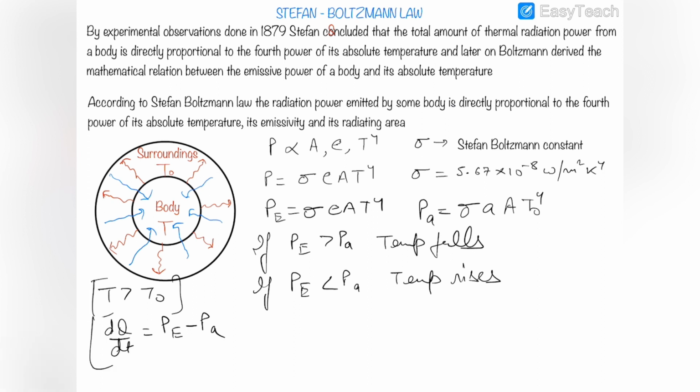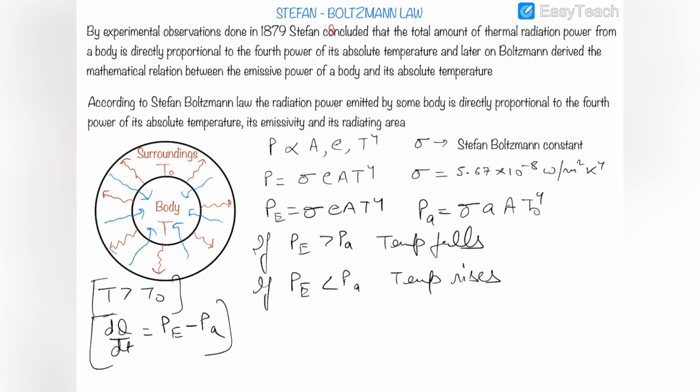Now as we know that the body is emitting radiation, its temperature will start to fall because it is emitting its internal energy, and a time will come when its temperature will become equal to the temperature of the surroundings.